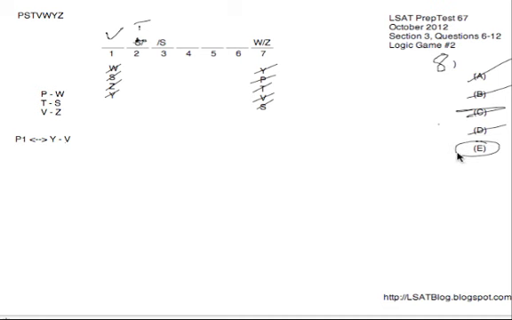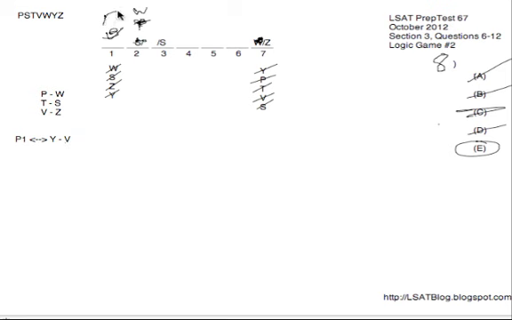Now I'm going to show you why W could never be on 2. If we were to have W on 2, we'd have to have S on 3 because S is always on either 2 or 3. And now we have to have Z on 7 as a result. So if you think about P on 1 requiring Y before V, what happens?